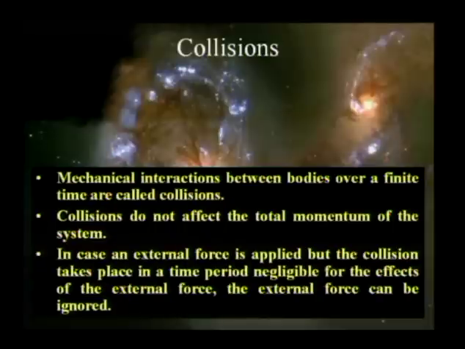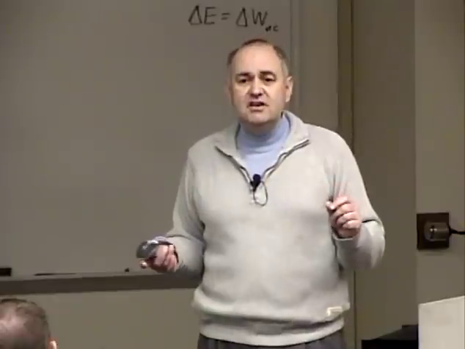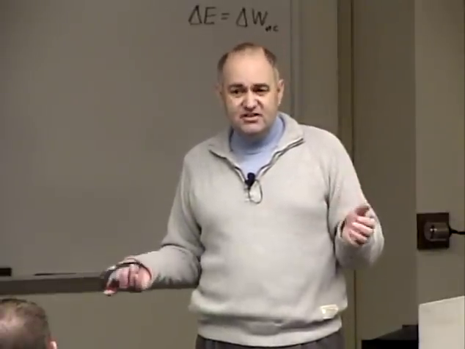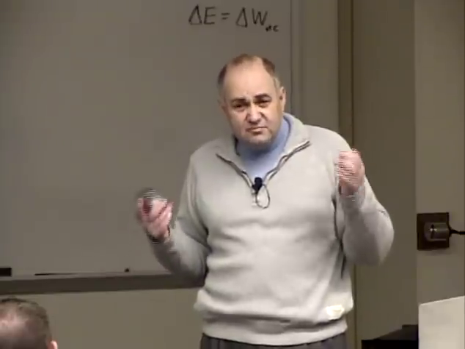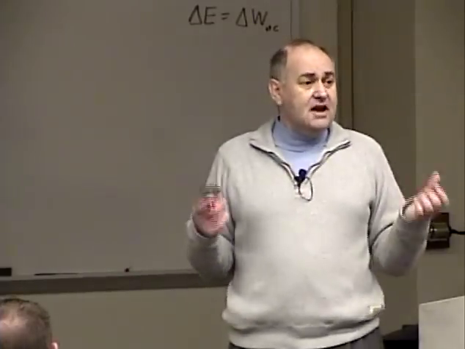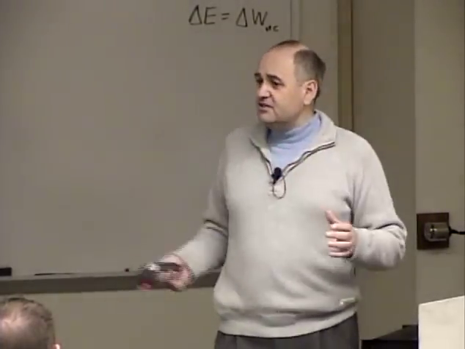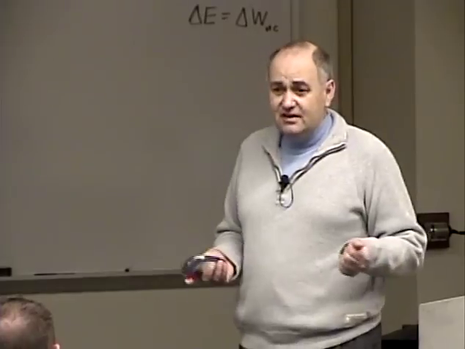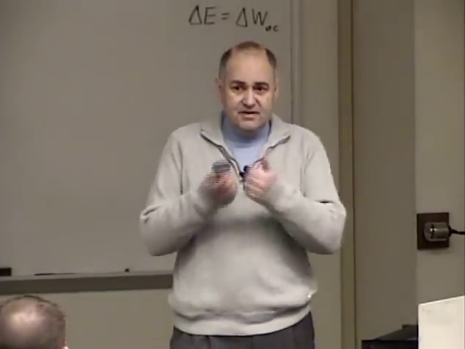Now, collisions are so strong interactions. In collisions, that brief interaction is so strong that even if external interaction on the system exists, its effect is insufficient. I mean, it's negligible. The effect of external interaction is small. So, although this is an approximation, we can ignore external interaction if we have this intense interaction of colliding bodies.